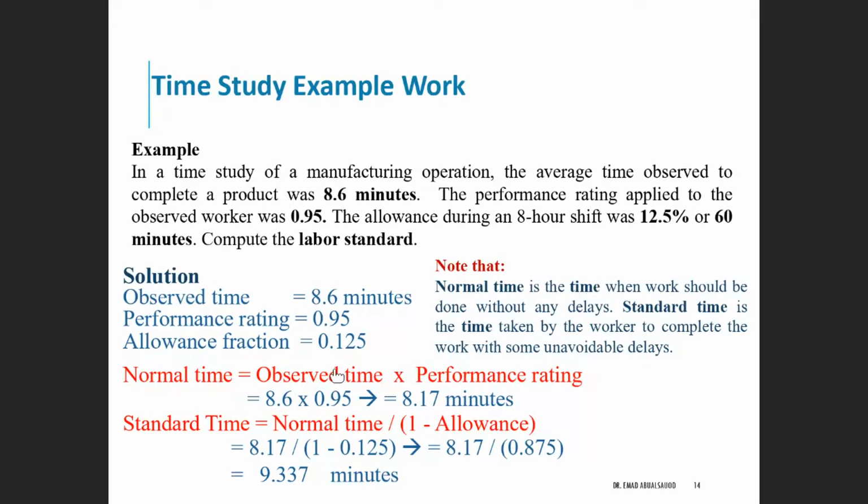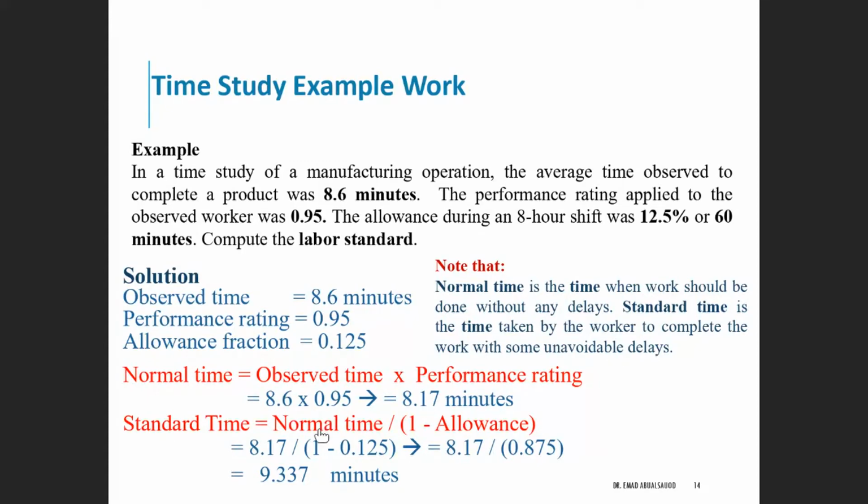The normal time equation is given here. It's given in the answer, but you should know it. So in solving examples or questions in an exam or quiz or your project, you use the formula: normal time equals the observed time times the performance rating. For the standard time, you will need the normal time, because the standard time is the normal time but with some delays.